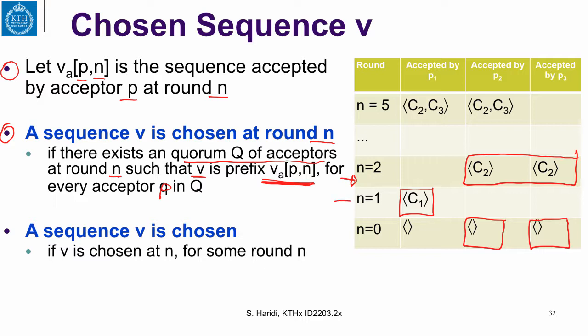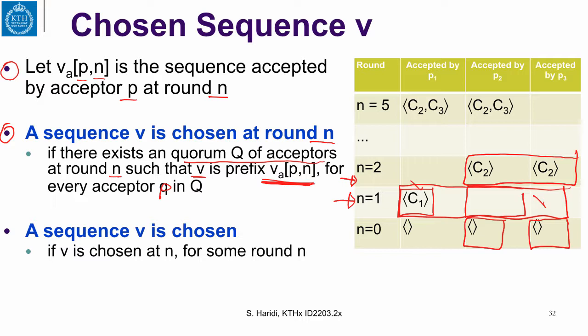Whereas at round 1, if you take any quorum here, for example, you take these two processes, or these two processes, or this one and that one, you will find the only chosen sequence in this case is the empty sequence.